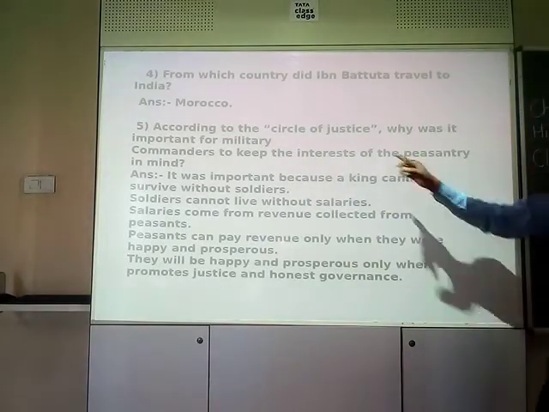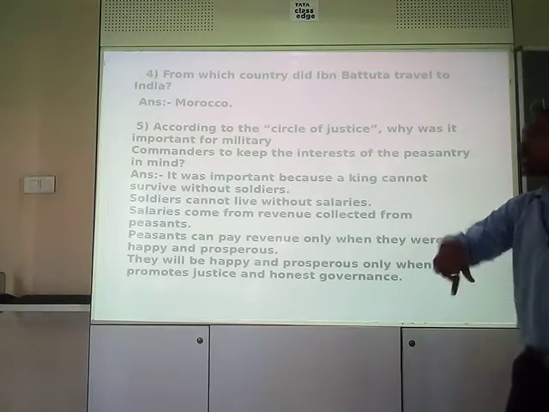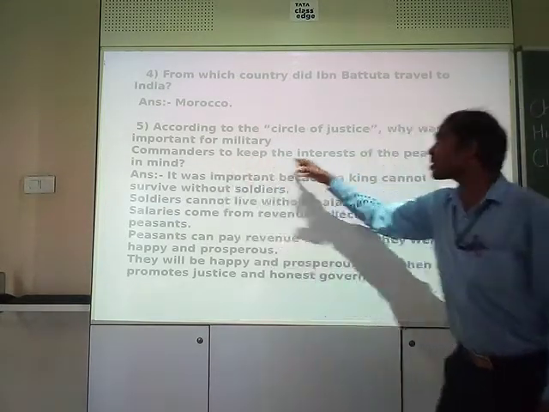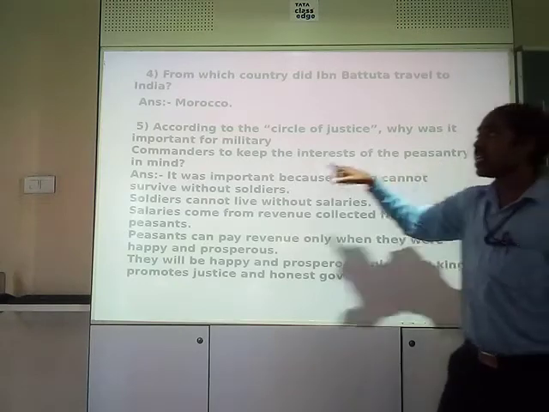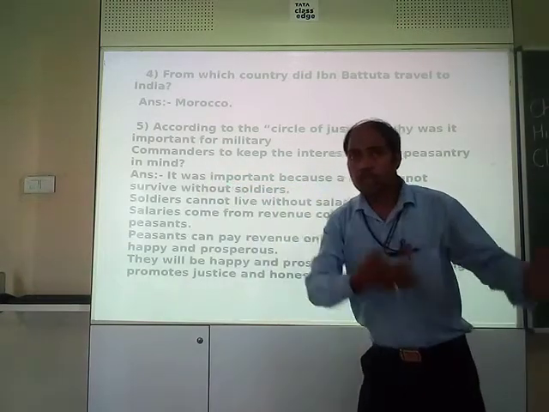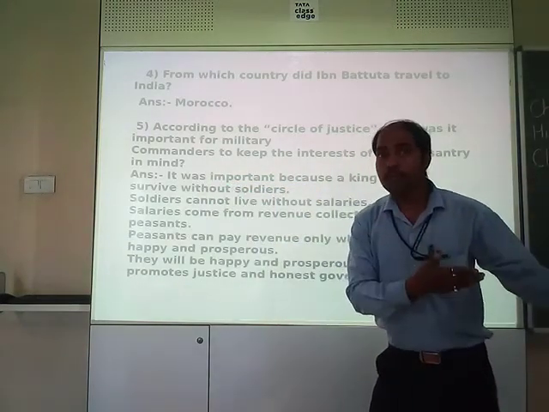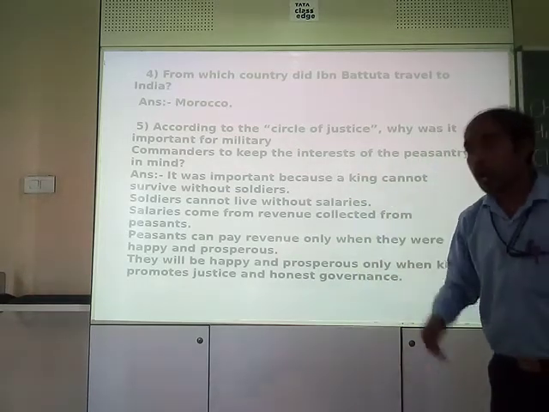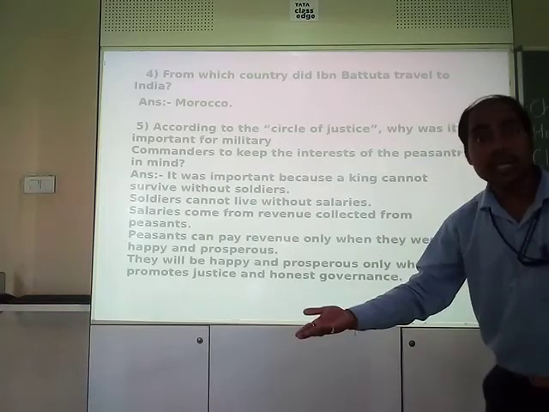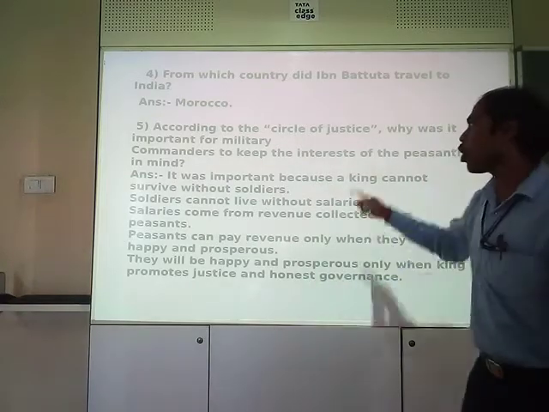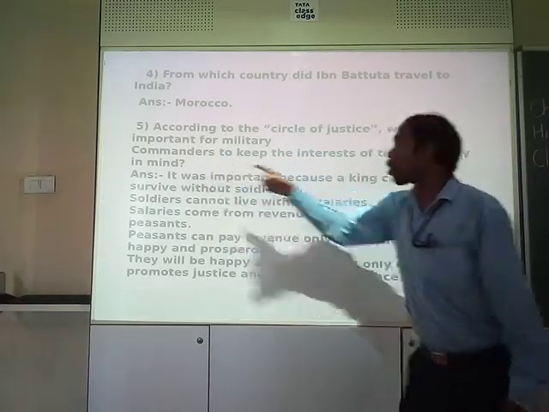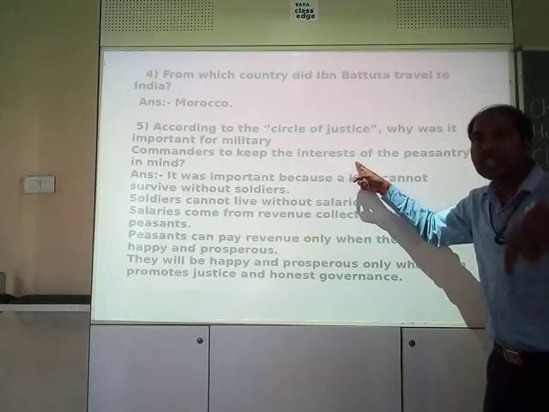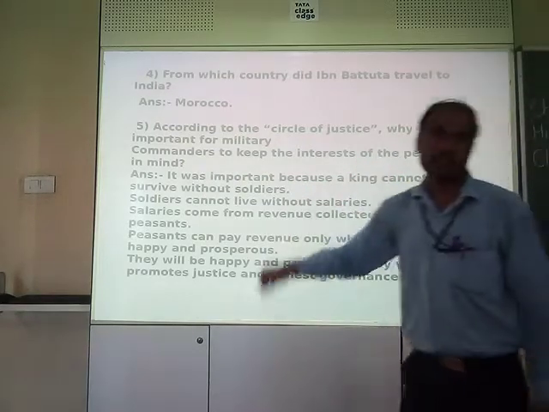This is the meaning of the circle of justice. That's why military commanders keep the interest of the peasantry in mind. If they don't keep the interest of the peasants, the peasants won't provide the revenue. If they won't provide the revenue, how will they get the salaries? That's why these military commanders always keep the interest of the peasants.